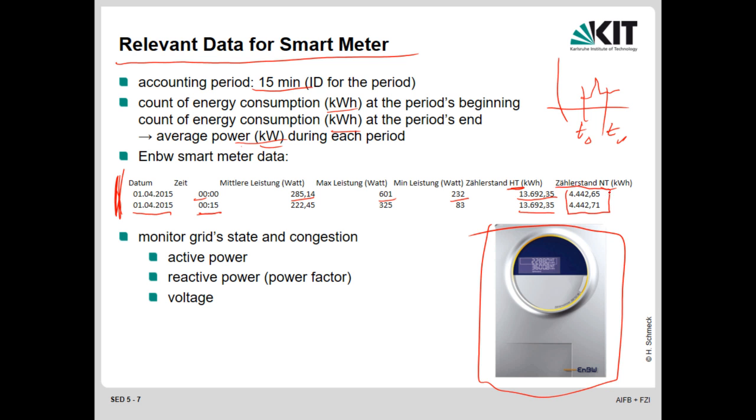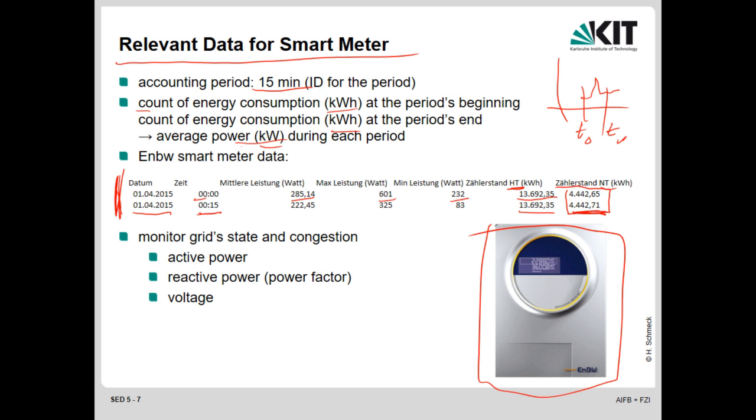So this is what I said here, the count of energy consumption at the period's beginning, and this is the count at the period's end. If I always report the count of energy consumption at the period's end, then that's sufficient. So this is what one could do, just provide that current count of energy consumption. And then from that series you find out what the consumption has been, but only the average consumption.